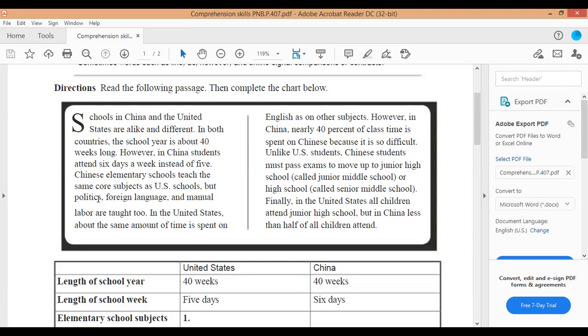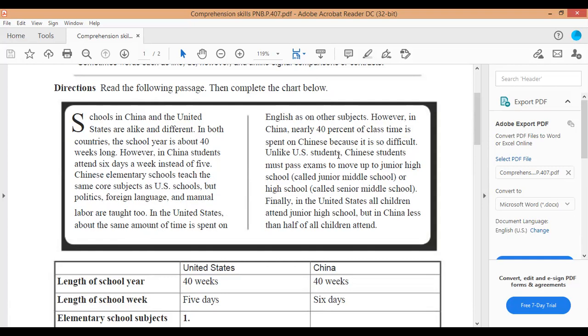But politics, foreign languages, and manual labor are taught too. In the United States, about the same amount of time is spent on English as on other subjects. However, in China, nearly 40% of class time is spent on Chinese because it is so difficult.